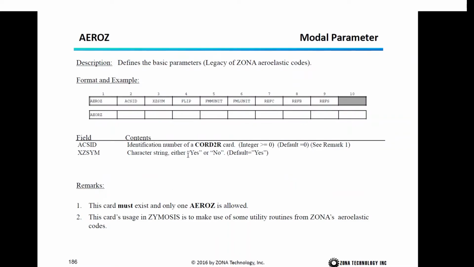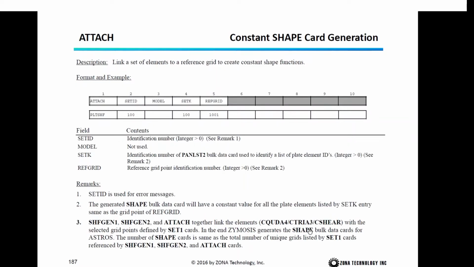The ARROW Z card is a required card, and this card must exist. And this card's usage in the ZYMOSIS is to make use of some utility routines from the ZONA ARROW elasticals.